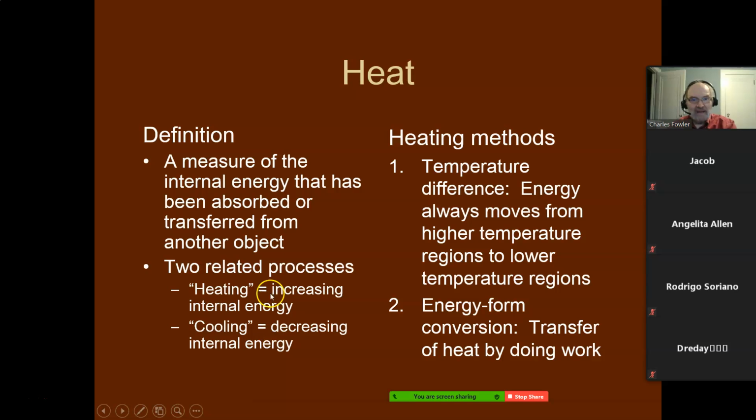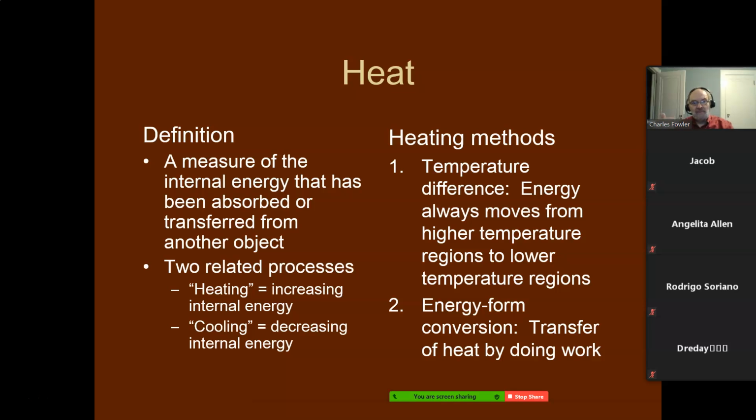Now, how do we go about doing that? Our heating methods, number one, is by a temperature difference, okay? So let's just say I take some tap water and put it in the teapot and turn it on.